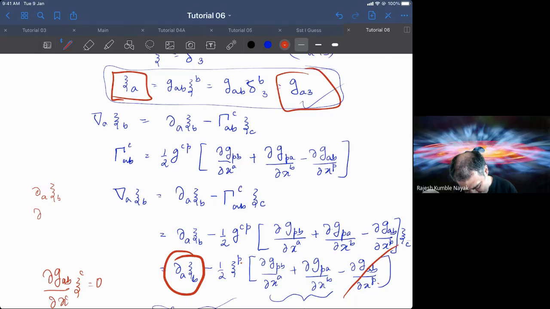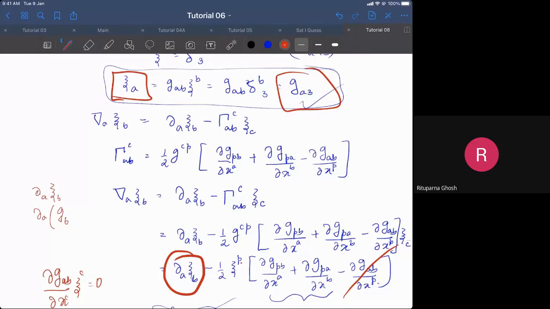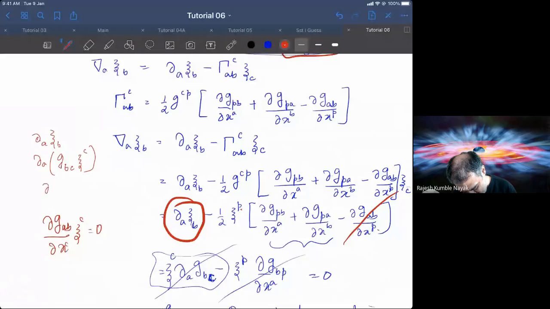So what do we have? We have G A B, xi, no, A is coming too many times. So now we will have this GAB, GBC, xi C, plus GBC, GA, xi C. Now what do we have here?